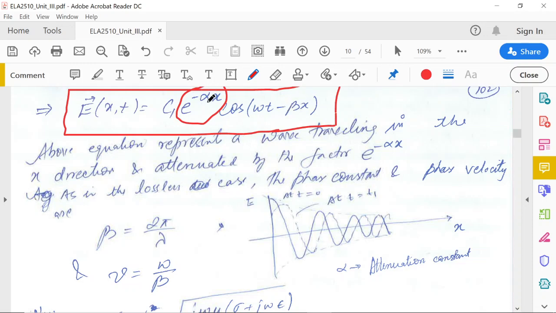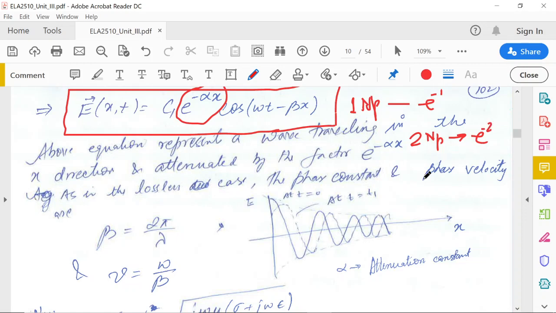Now alpha is in Nepers because it is in the e to the power minus alpha x. One Neper means that the field will be attenuated by e to the power minus 1. If you have 2 Nepers, the field will be attenuated by e to the power minus 2.